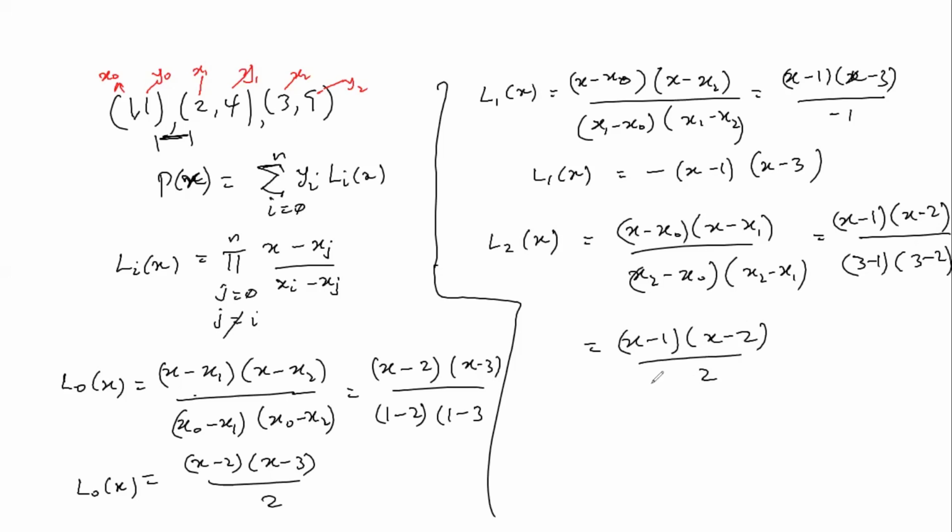Okay? Now that we have been able to evaluate the Lagrange polynomials, we will now substitute into the basis formula. Okay? And we already know that this is the basis formula. So let us represent this.